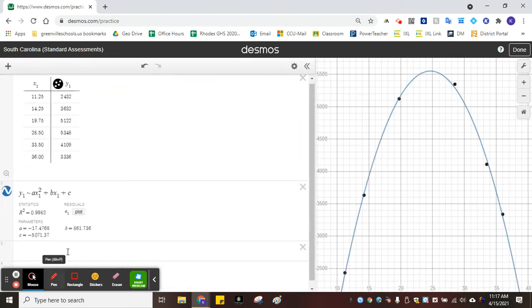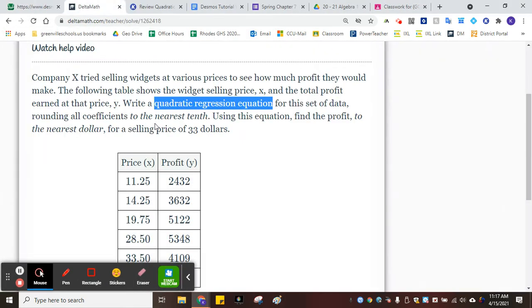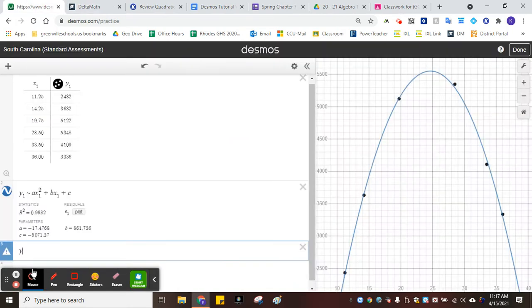So when you write your equation out like Delta Math asks, make sure you round correctly. It's rounding to the nearest tenth. So y equals a, rounding to the nearest tenth, is negative 17 point, the tenth is one decimal place.